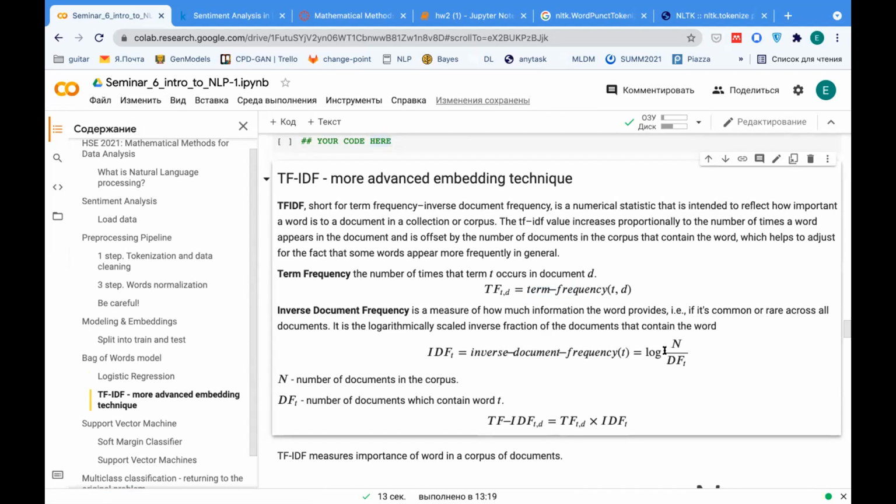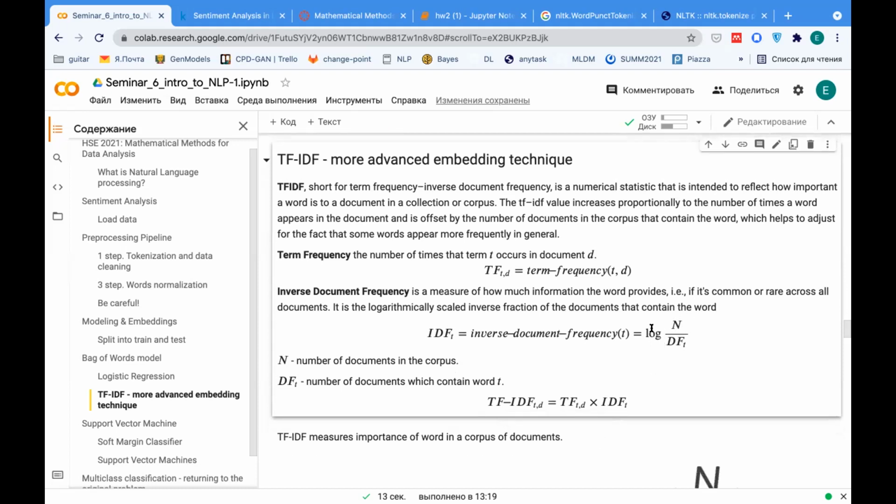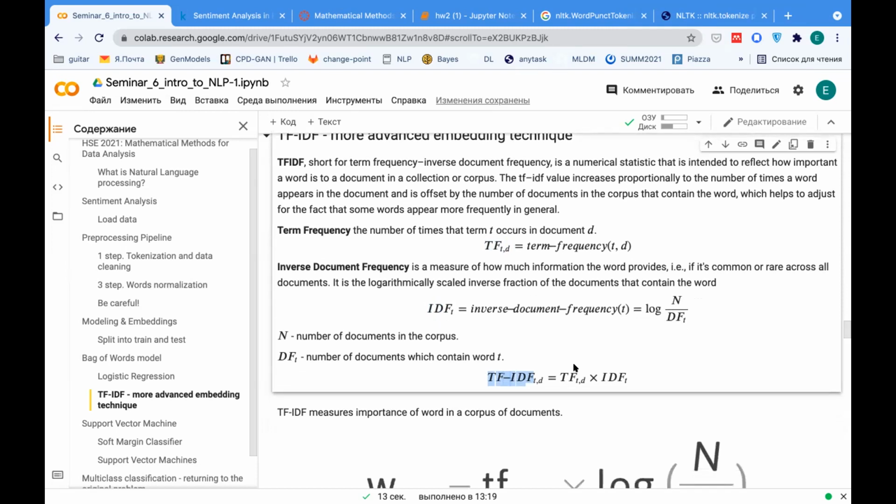And we also take a logarithm, since we can have too big values here. So it's like this, and then we multiply TF and IDF, and we have some smart characteristic for the frequencies of our words.